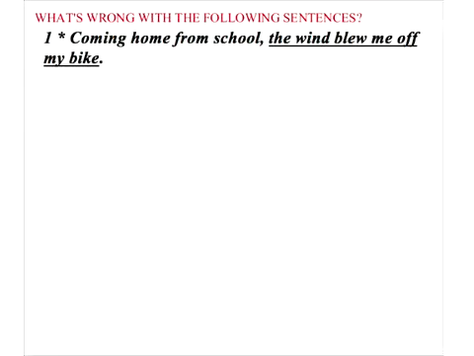Okay, yeah, a lot of you guys are nailing this, so good. A couple people said there's no subject, but there is a subject. So it is a complete sentence.